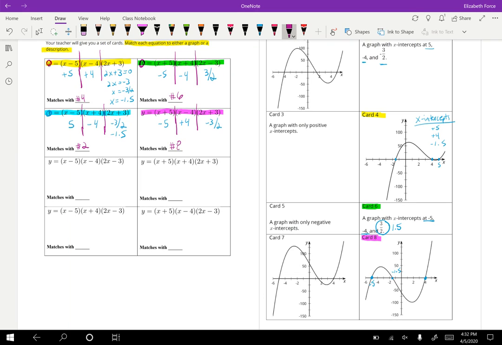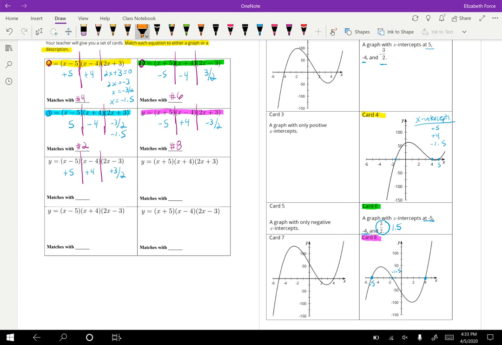All right, on to the next one. This is kind of neat. I noticed that each of my factors has a minus sign in it, so I know that my x-intercepts are going to be all positive: positive 5, positive 4, add the 3, divide by the 2. So this is a polynomial with 3 positive x-intercepts, and that's going to relate to card number 3.